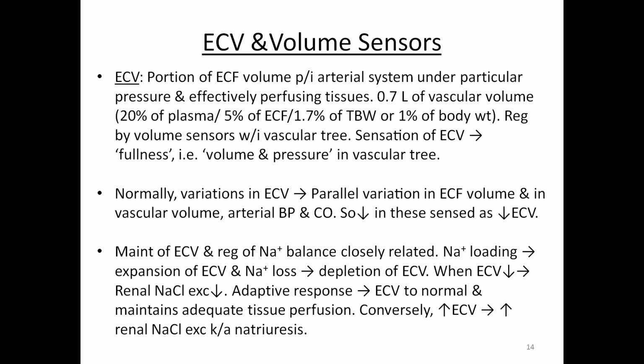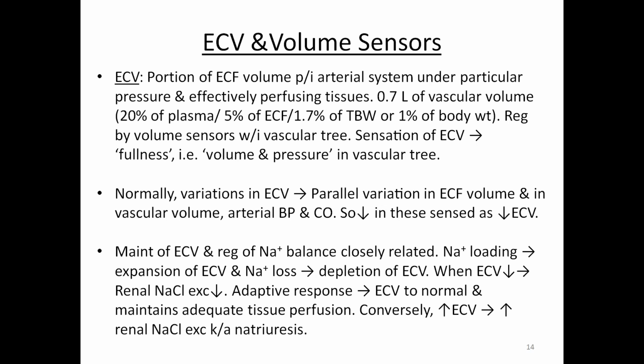Now, this ECV is regulated by the volume sensors, which I just mentioned, which are located entirely within the vascular tree. Sensation of ECV is related to fullness, that means volume and pressure in the vascular tree.